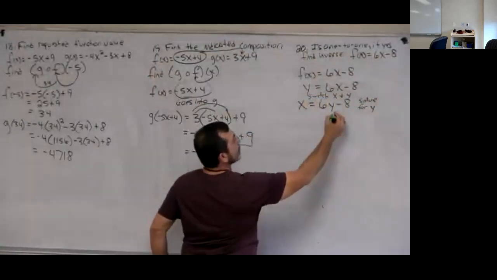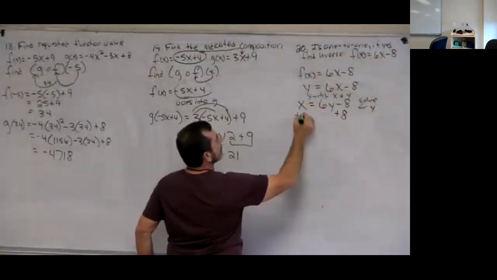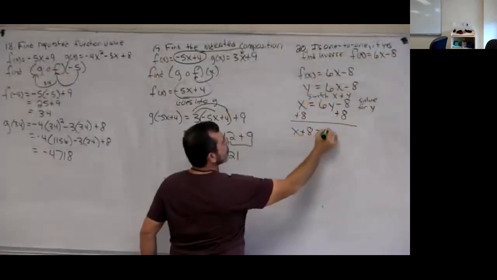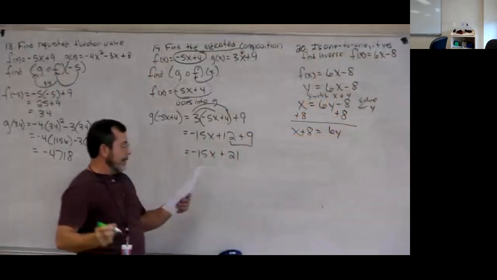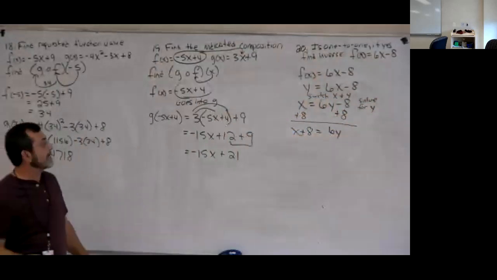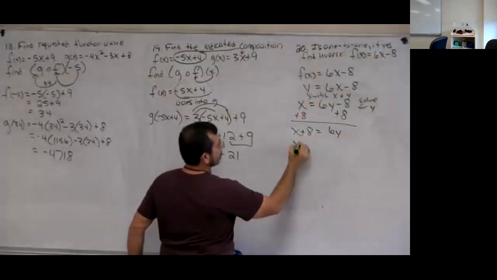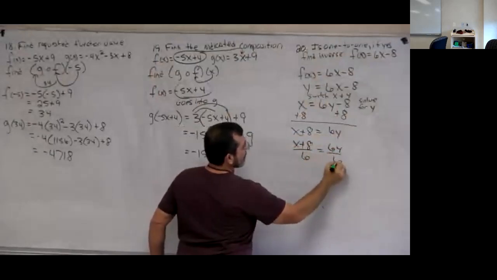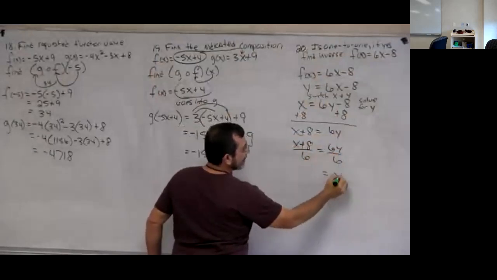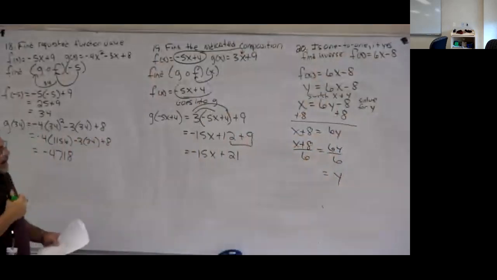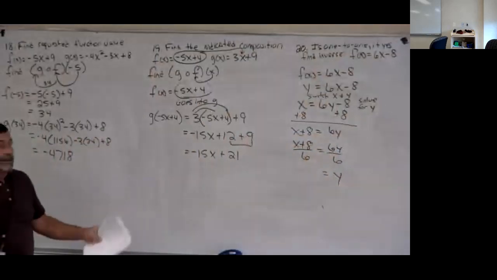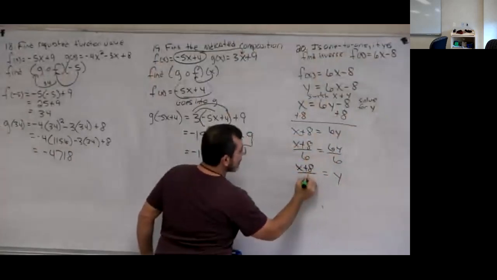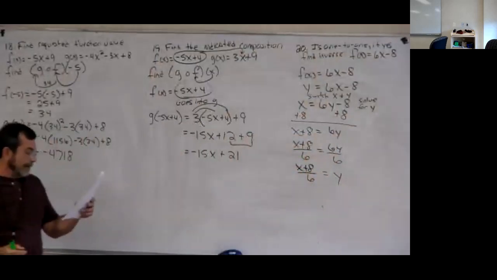So I'm going to add 8 to both sides. So x plus 8 equals the 6y. And then divide everybody by 6. So that sign didn't cancel when I get my y. We can't do nothing to the x plus 8 over 6. So that's going to stay at x plus 8 over 6.